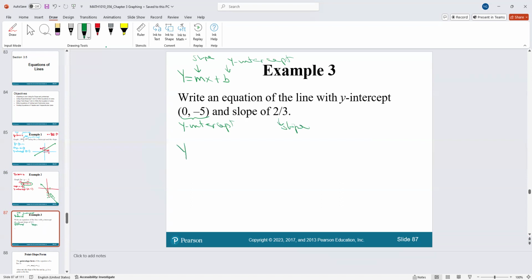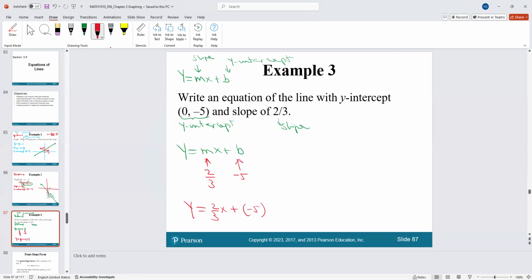So if I know the format is y equals mx plus b, and I substitute for m, what is m? Yes, m is 2/3. What is b? Yes, b is -5 here. So if I replace, I'm going to have y equals 2/3 of x plus -5.